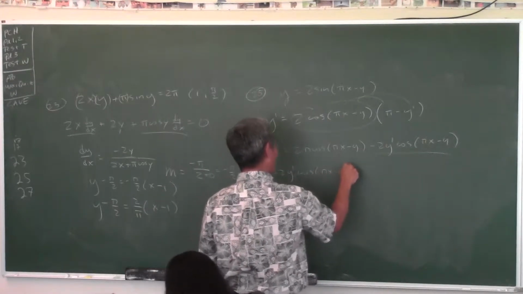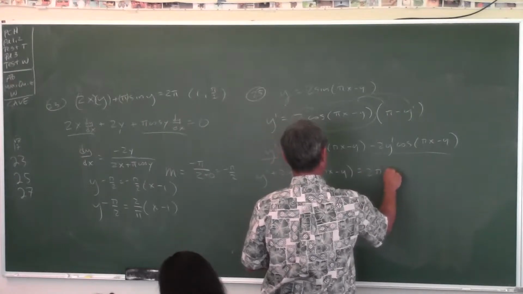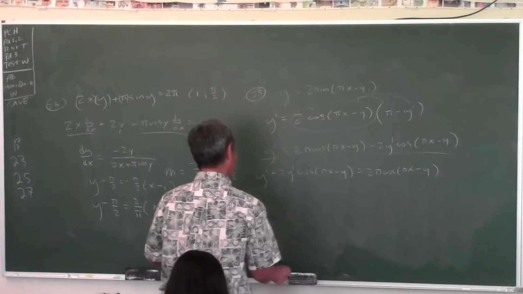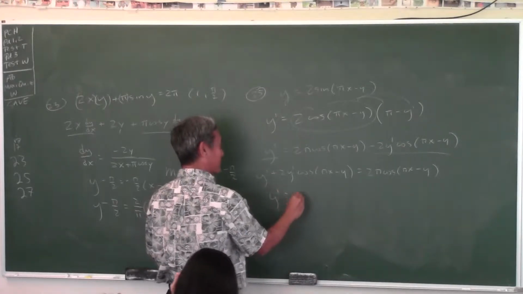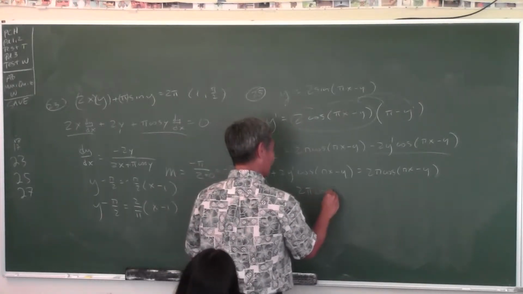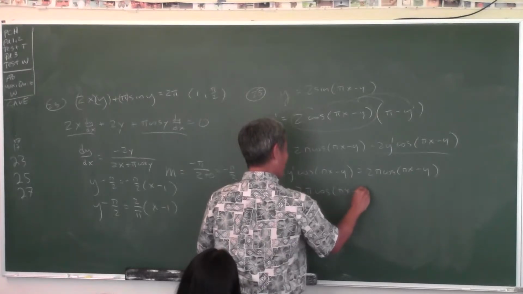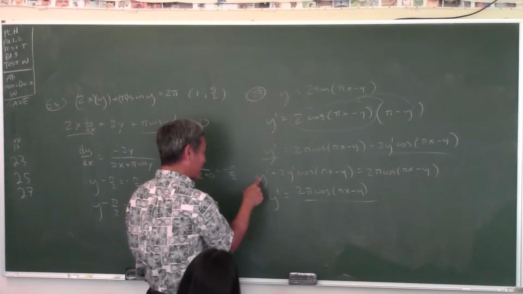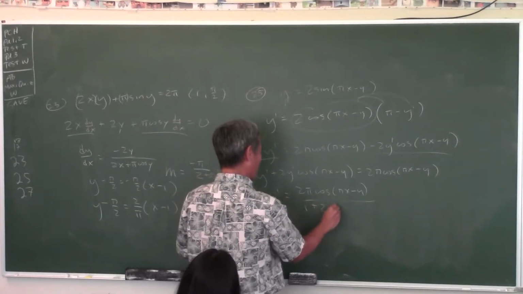Everything you own in the box to the left. So y prime, I'm just going to the answer already, my arm is getting tired. Cosine pi x minus y over, and when you factor out the y prime, what's gonna be left? 1 plus 2 cosine box.